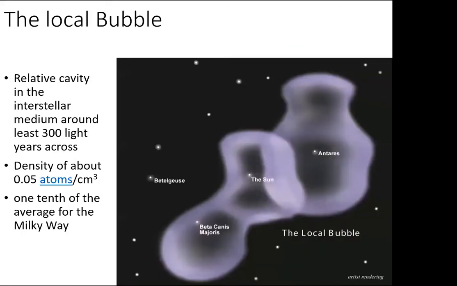Another way to look at that is on an even larger scale. So now that region is all in here, out to Betelgeuse here at 500 light years away, and Antares and so on.